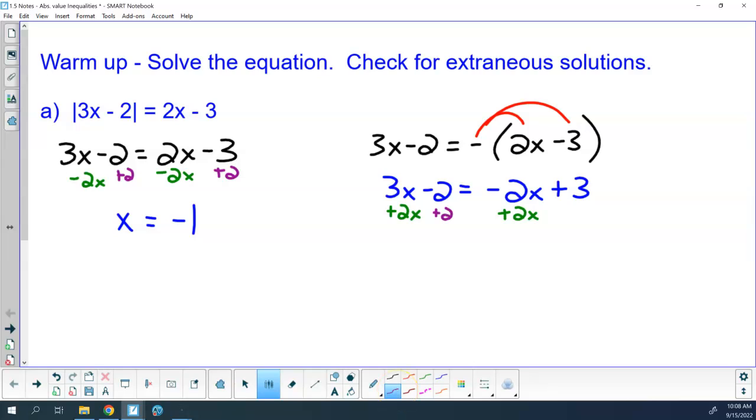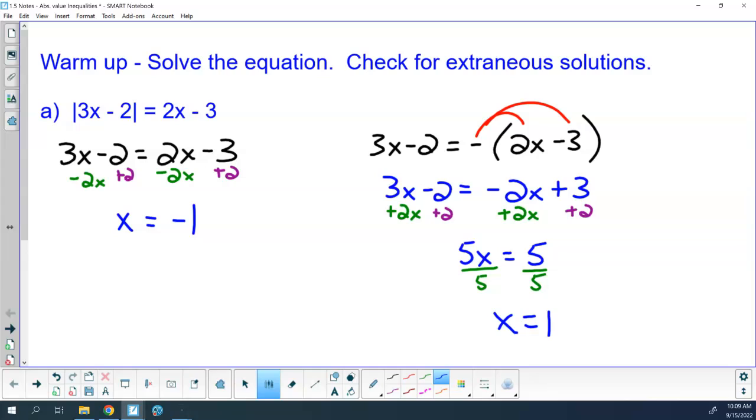Add 2. Divide by 5. And I get x equals 1. Agree? Okay.